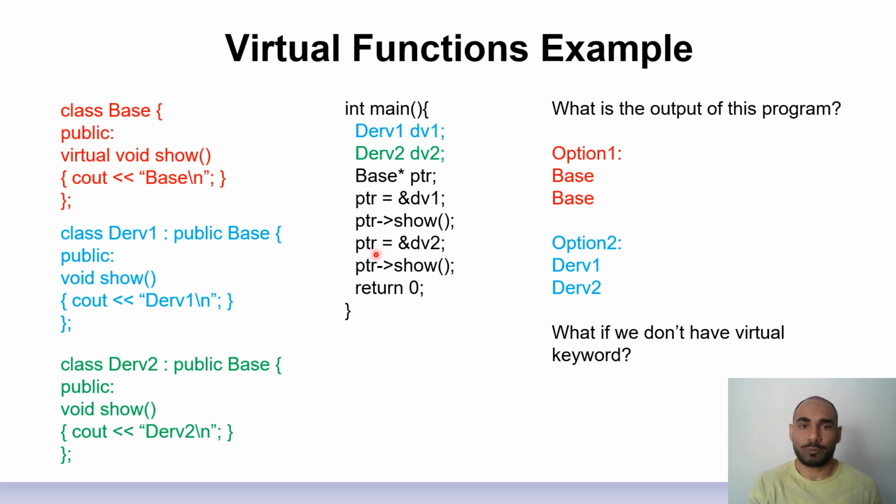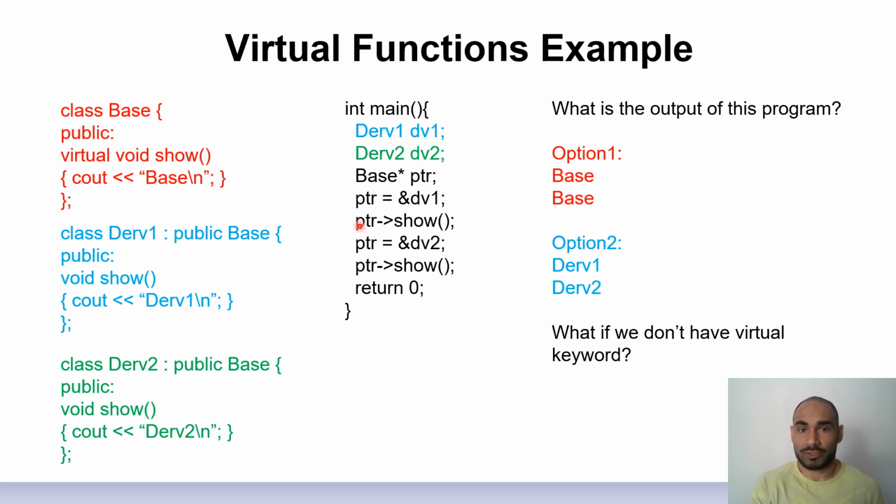Similarly, in this case, we make ptr point to the address of this dv2 object, and again we call the show method on this. So the question now is, what is the output of this program? The first option is we print base, or we print derived 1 or derived 2, because ptr is now pointing to derived 1 class.